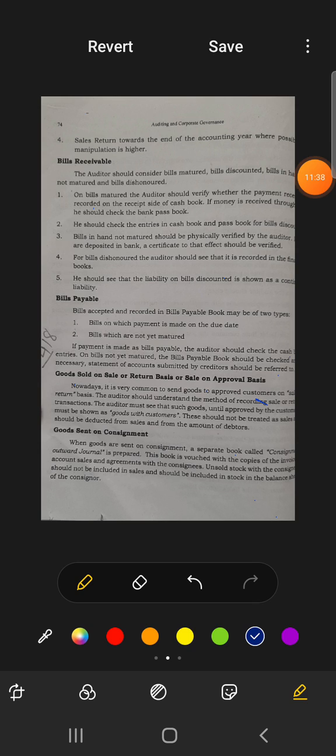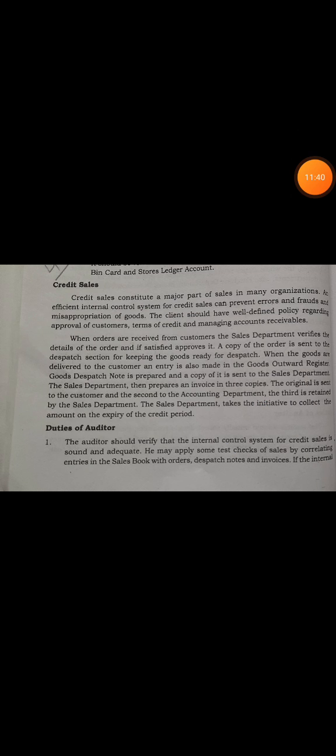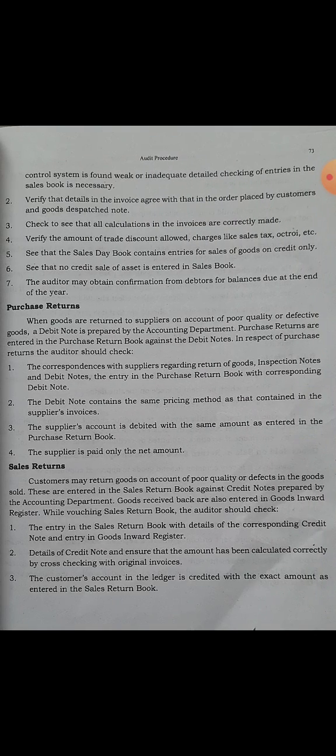In the five cases, we see the duties of an auditor. The first one is credit sales. The duties of the auditor are: first, to verify the internal control system is sound and proper. Next, to verify the details in the invoice. Next, check the calculations, amount, trade discount allowed and that sales tax is correct.